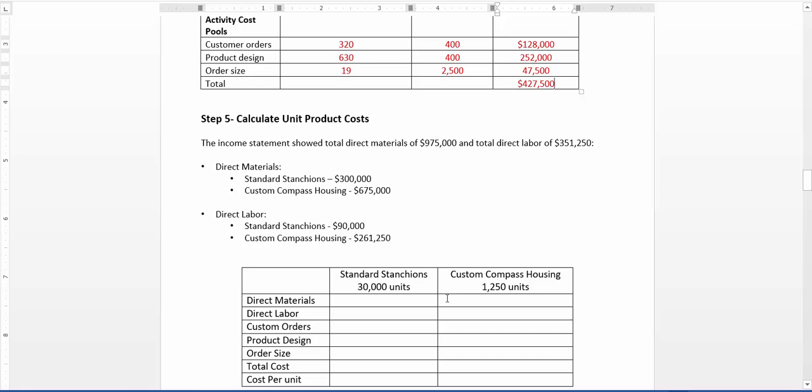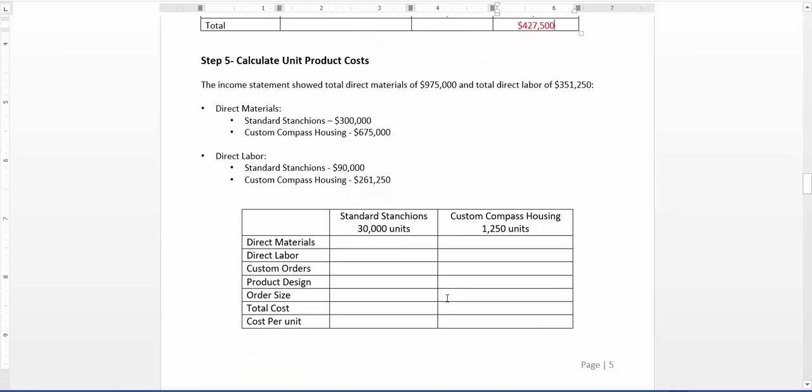Next thing that we're going to do is find our total unit product cost. So remember, product costs consist of materials, labor, and overhead. Okay, so we're making 30,000 units of the standard stanchions, and we're making 1,250 units of the custom compass housing. And we know that our direct materials, the number here is 300,000. So we'll put that here.